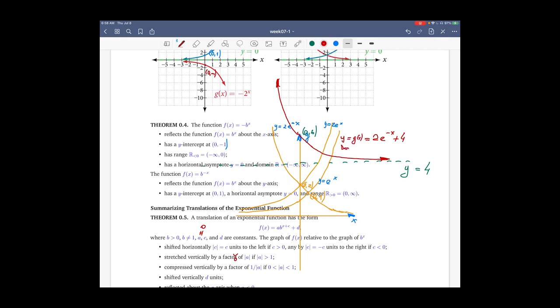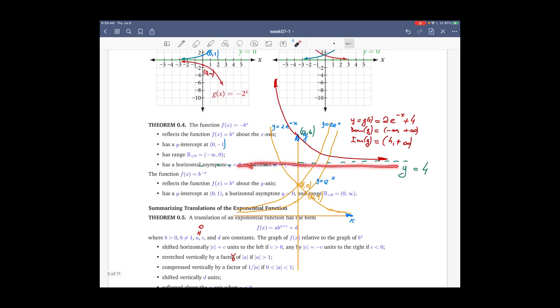The domain of g is, of course, the entire real line. And the image of g will be all numbers that are strictly greater than 4. And note again that this function is decreasing.